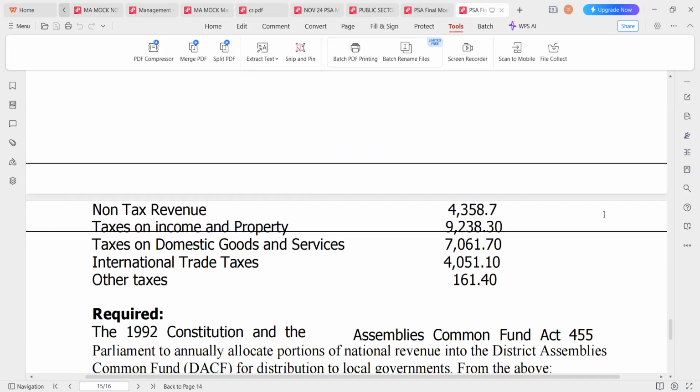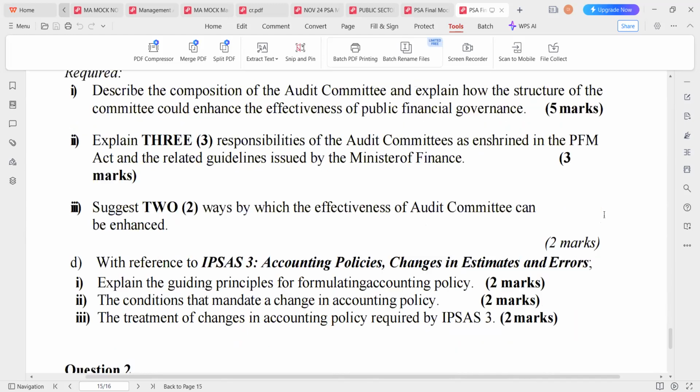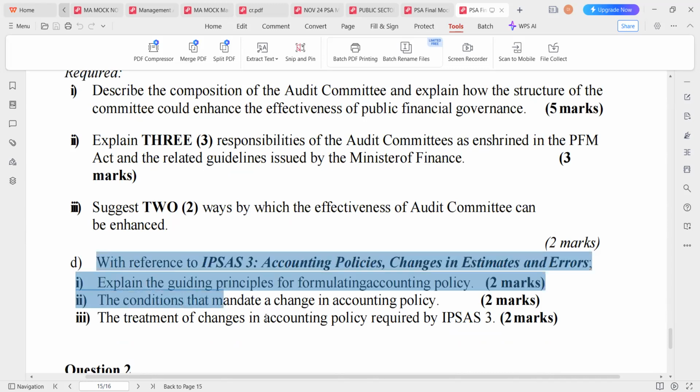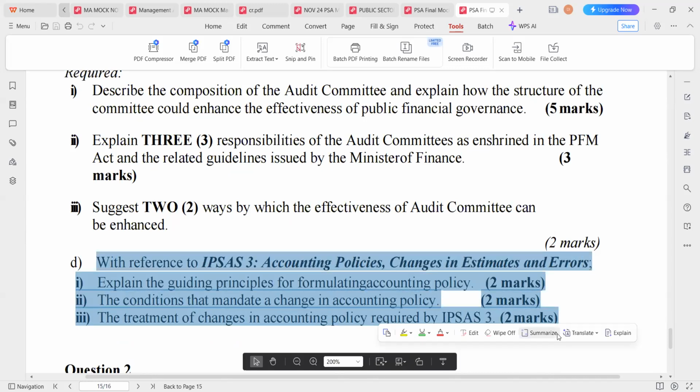All right, so any question for me? Yes, IPSAS 3 is this one. I wanted to add it to the top one, but I exhausted the marks.